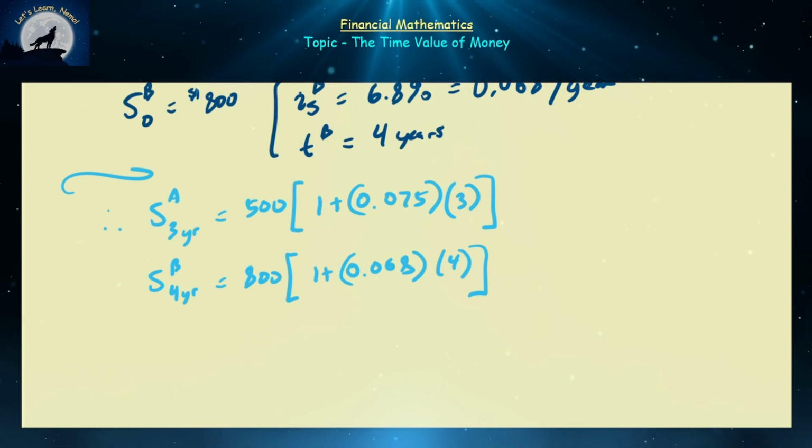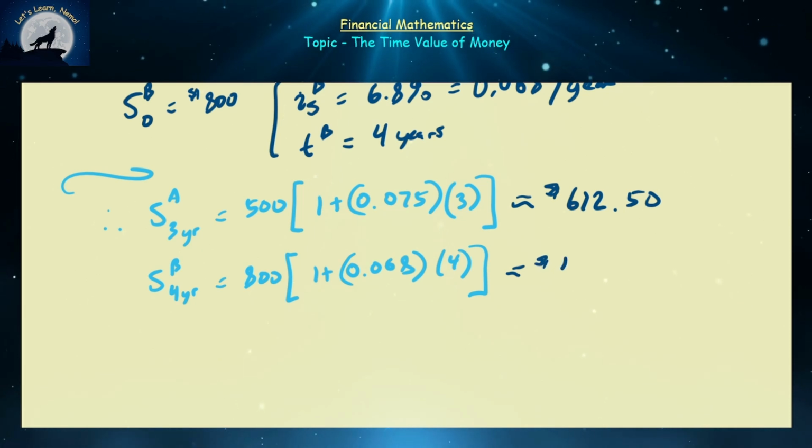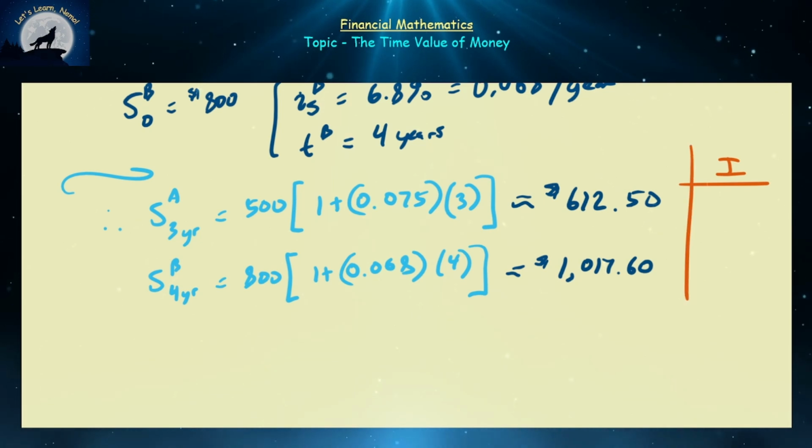And then once we work out that math, we're going to have approximately $612.50. So we have received $112.50 over the course of 3 years for account A. And for B, we're going to receive approximately $1,017.60. So that is returning about $217.60.